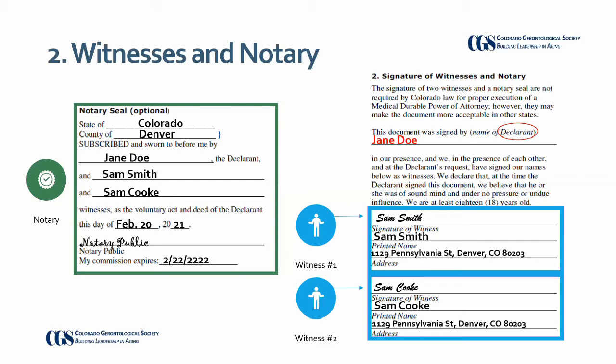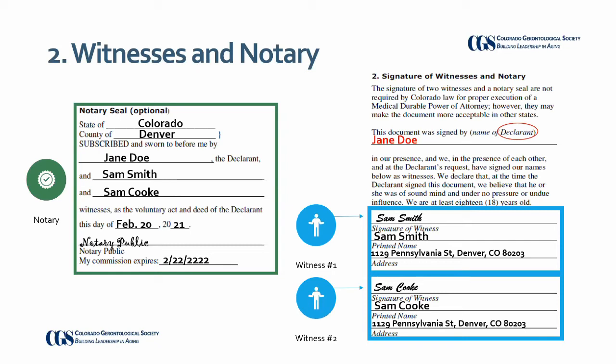We have the two witnesses, which are Sam Smith and Sam Cook. And then the notary also says when this took place. So it's February 20th, 2021. The notary will sign and the notary will document the date when their commission expires.